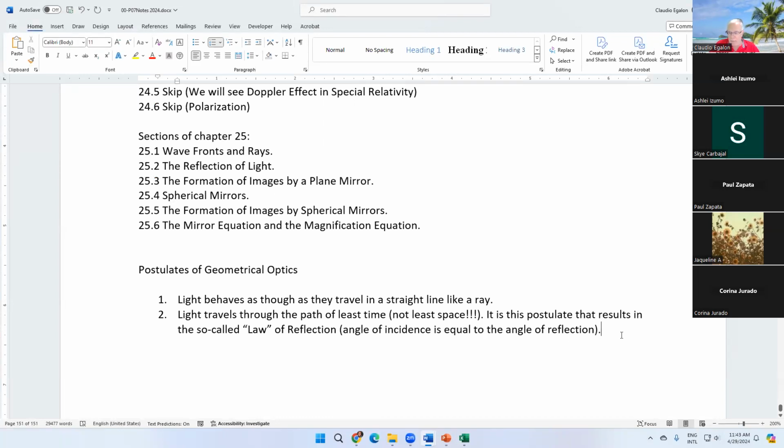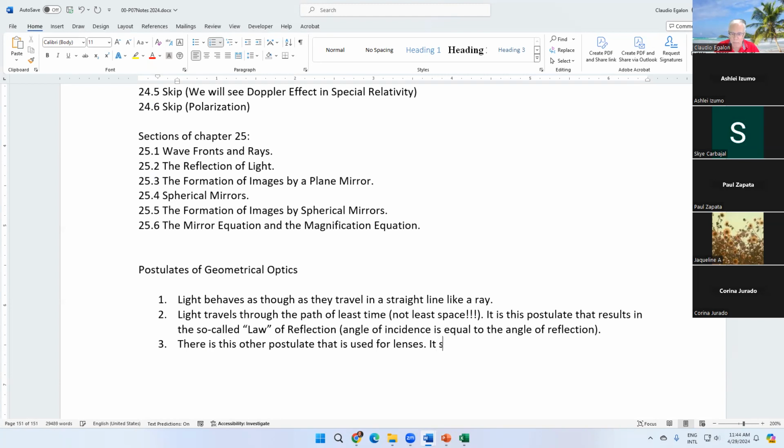Which other postulate do we need here? I'm going to introduce another postulate that is used for lenses.